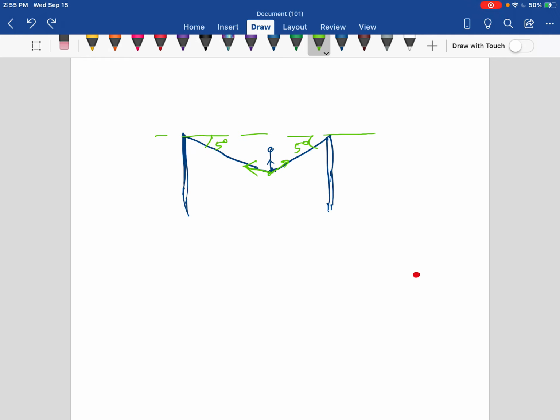Normal force equal to the weight of the person is not always true. It's only true if there are no other forces being applied on that person except that normal force and gravity. So if there is an extra force, like a rope pulling that object up, then it's not true. So only for this situation, and also for the situation in which this person is just stable over there, balanced, not going up or down.